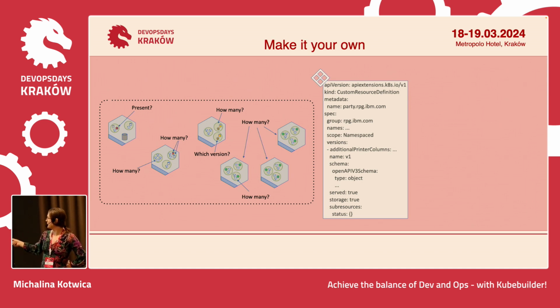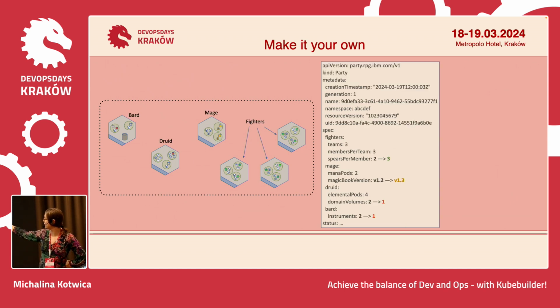So now we know that we want to customize how many of these folks we have here, how many pods we have here in the replica set, how many containers we have here, how many pods we have here, which version of this little fellow is here, how many volumes we have here, and if this guy is present or not. Okay. So that's basically how our RPG party will look like.